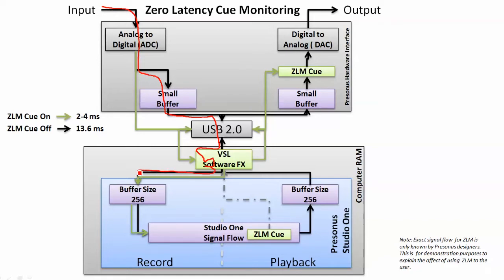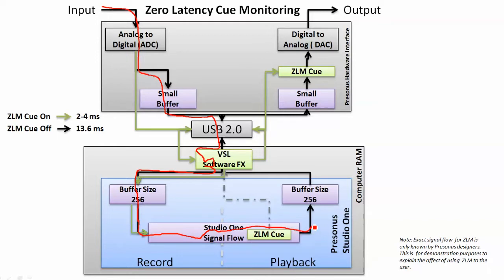Then it passes onto an input buffer. In this example, I'm using 256, and the demonstrated delay up there would be 13.6 milliseconds round trip. Take it all the way out. Take it through the Studio One software, which is going to do your PDC and handle all your VST plugins and all that stuff.